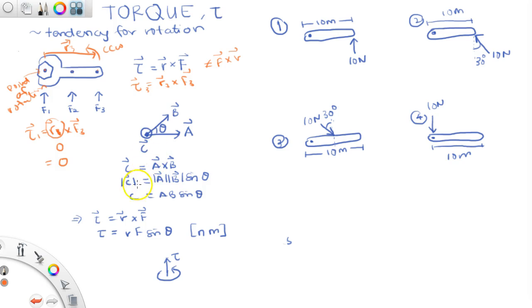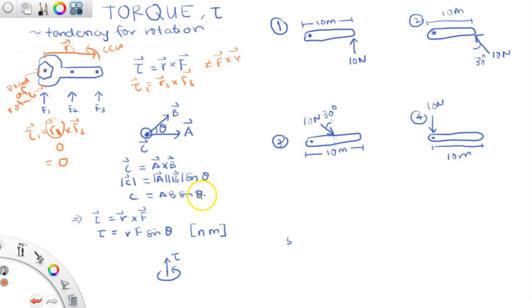The magnitude of c is given by the magnitude of a times the magnitude of b times sine theta, or we can just ignore the modulus and vector signs, so the magnitude of c is equal to ab sine theta.